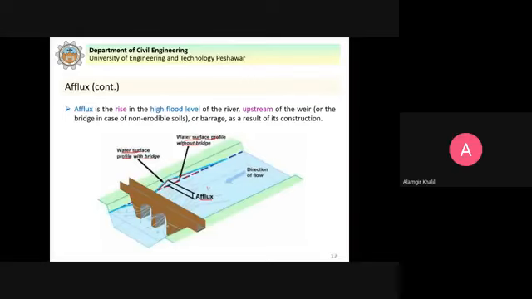So this is the concept of afflux. Because of the weirs and the barrages, we obstruct the flow, the water level will rise. So that rise in the high flood level of the river upstream of the weir or barrage is known as afflux.